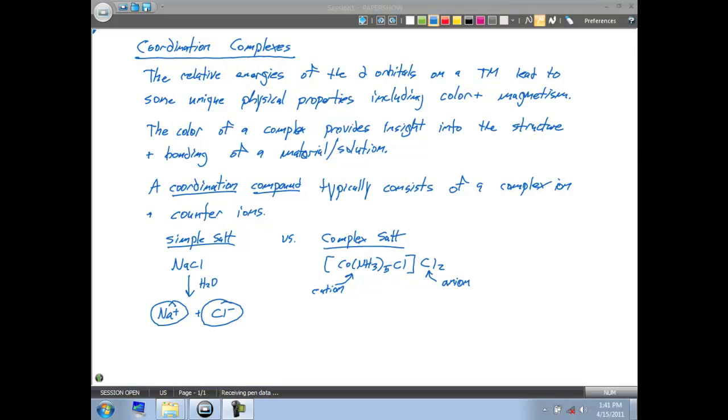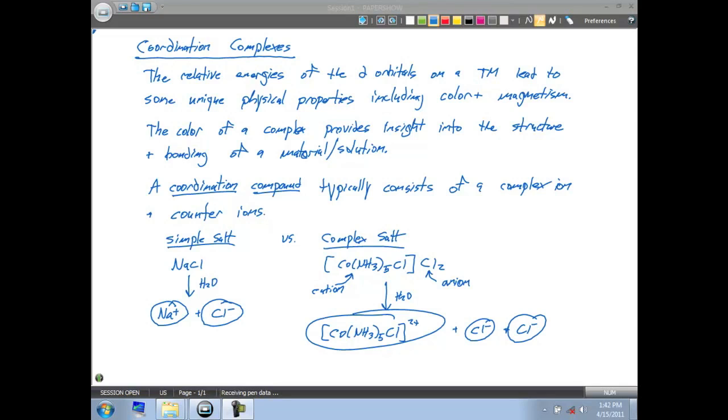If we dissolve this in water, in solution, we're going to have Co(NH3)5Cl. This is going to be a 2+ charge. So we have this big ion in solution plus Cl- plus Cl-.